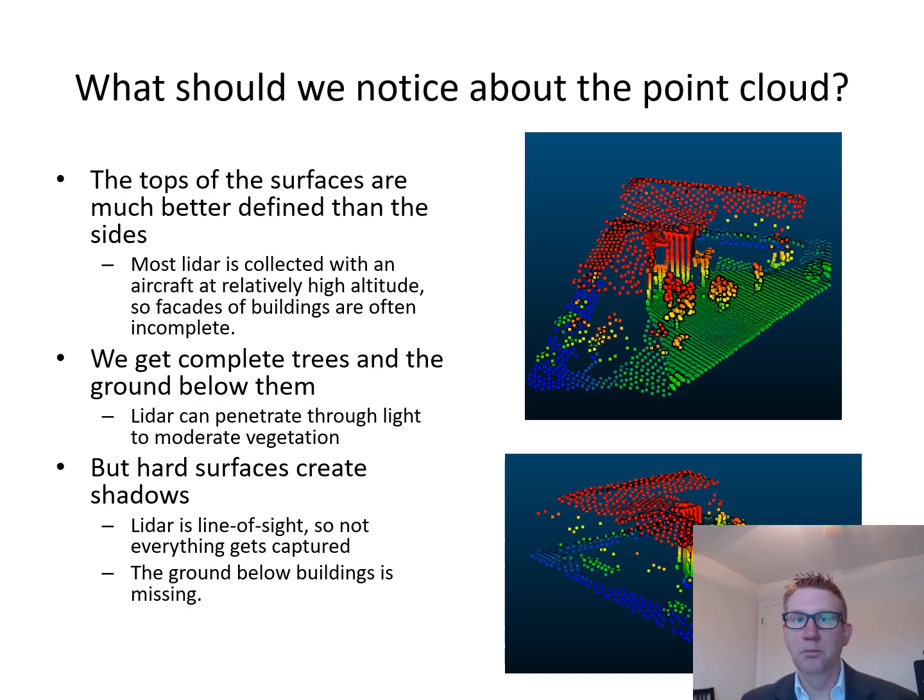So LiDAR has multiple returns. Oftentimes in the data products you're going to be working with, you're only going to get one or two or three returns. But depending on the altitude of the aircraft and the sensor, you can get a lot more returns than that. In this case, you can really see both the ground and the trees, because the laser can penetrate.